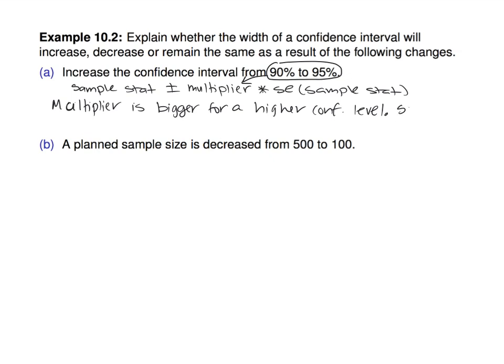So increasing your confidence level will do what to the interval? Well, if you increase the confidence level, you increase the multiplier, which means you make the number you're adding and subtracting bigger. And of course, we're assuming that the standard error stays the same. So if you add or subtract a bigger number, the confidence interval will be wider.